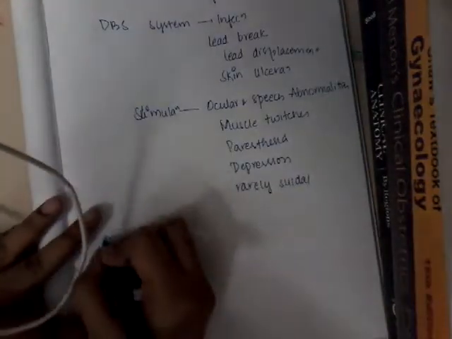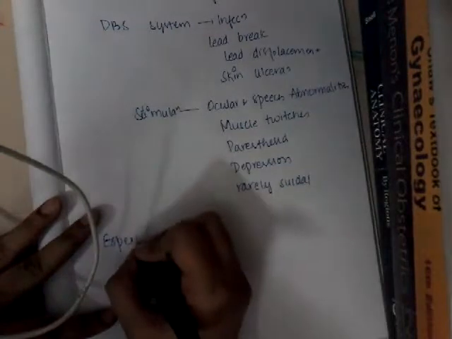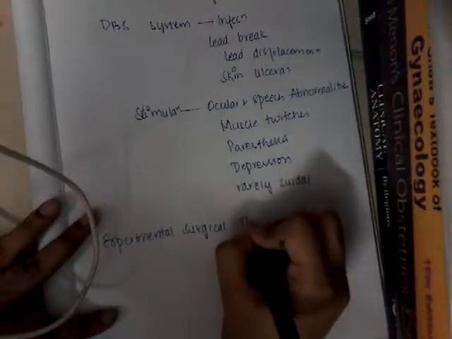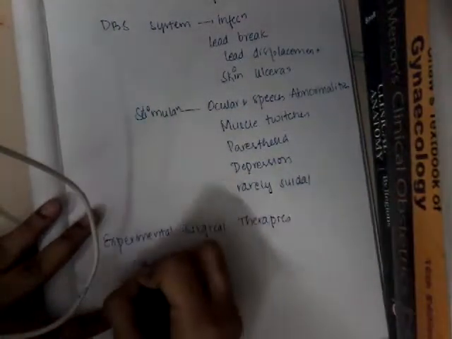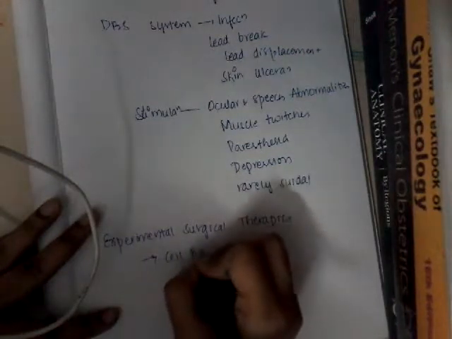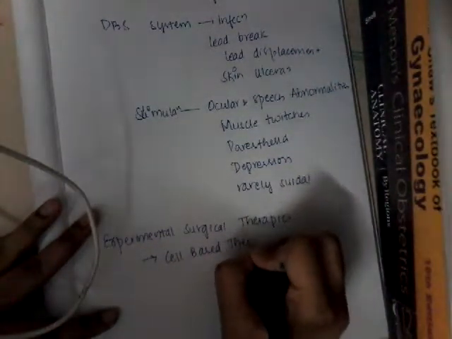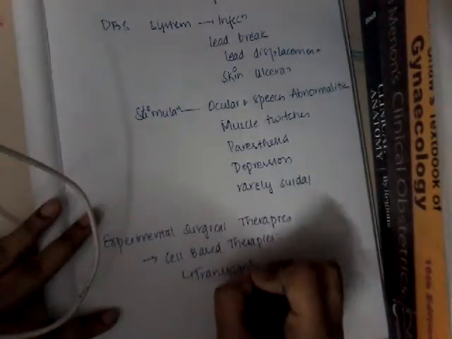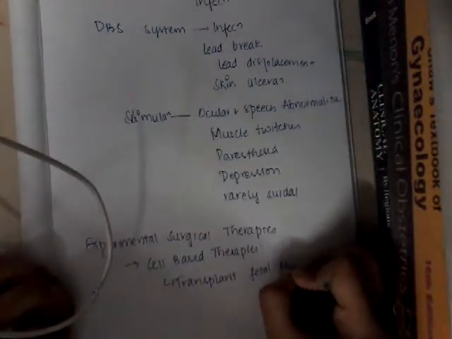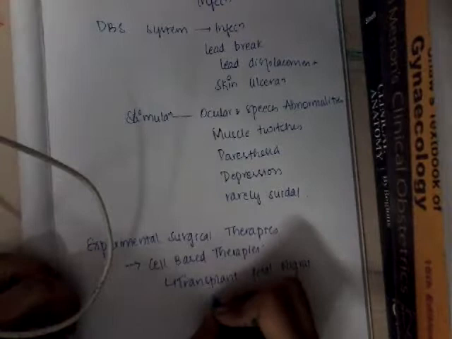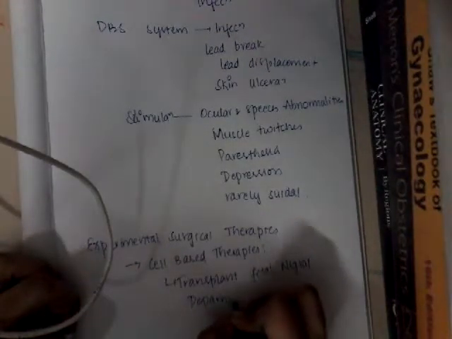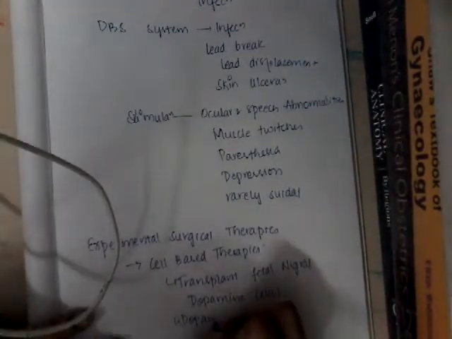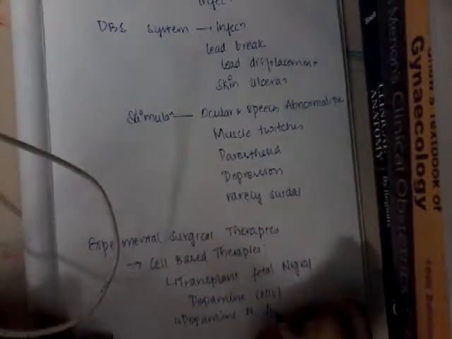There are even still experimental surgical therapies which are still on trials. I'm just naming them. One is cell-based therapies. Here we can transplant the fetal nigral cells, fetal nigral dopamine cells, or dopamine neurons from stem cells.